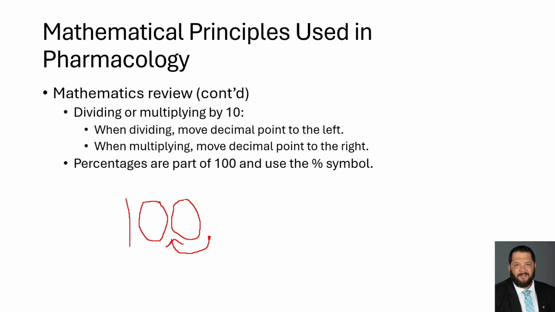When multiplying 100 times 10, you're going to move the decimal place 1 place to the right, making it 1,000. So when dividing by 10, you're going to move the decimal place to the left. When multiplying by 10, you're going to move the decimal place to the right.